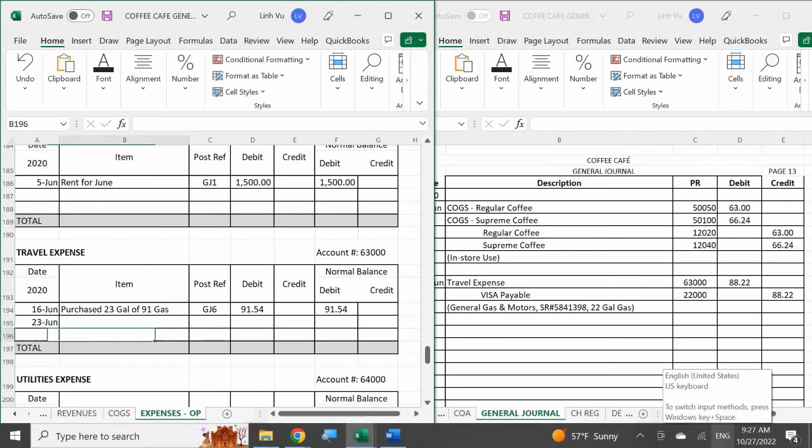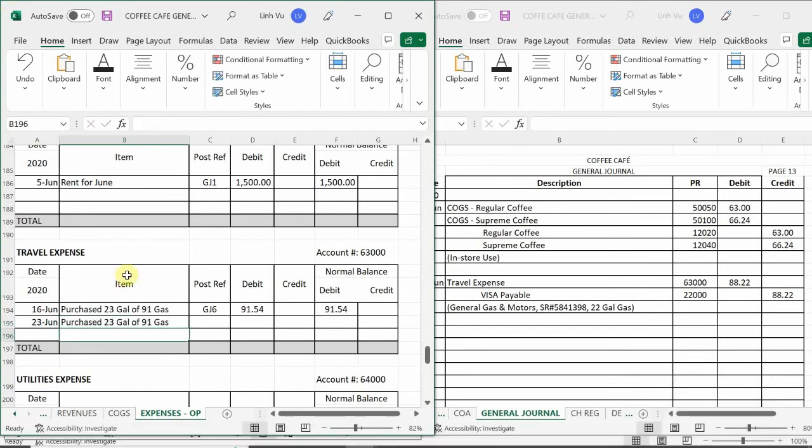We purchased 22 gallons of 91 gas. Today, our journal number 13 for $88.22. And that will be 179.76. Good.